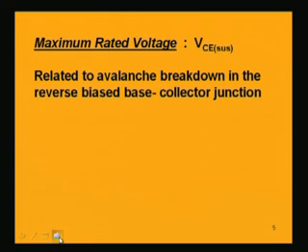Now, the maximum rated voltage VCE for a power transistor is related to the avalanche breakdown in the reverse biasing condition, because we know that when you go on increasing the magnitude of the voltage in the reverse biasing condition in a transistor, it will lead to an avalanche breakdown when the current rises very sharply.